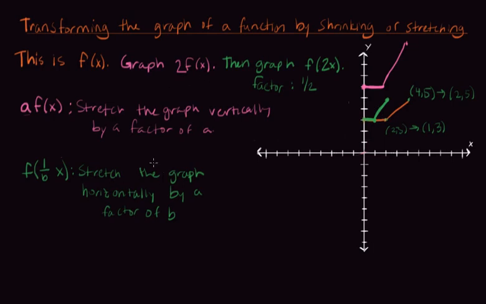So it's opposite of what you would think it would be. For the vertical, it's exactly what you would think it would be. 2 times f of x just doubles all the y values. It makes everything double of what it originally was. So that's how we transform graphs using shrinking and stretching. This is also sometimes called dilation.